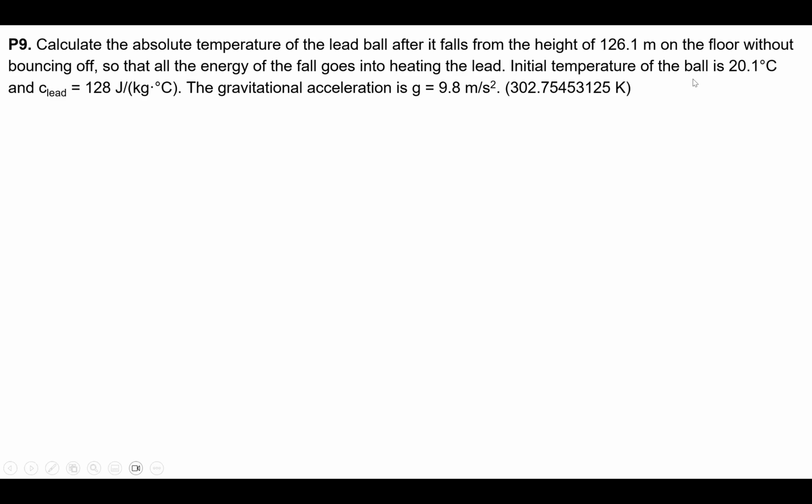The initial temperature of the ball was this, the heat capacity is given, and the gravitational acceleration is this. So in this case, energy conservation is applied.